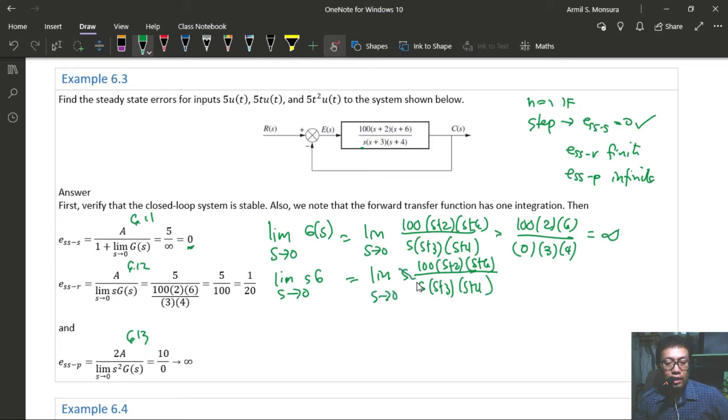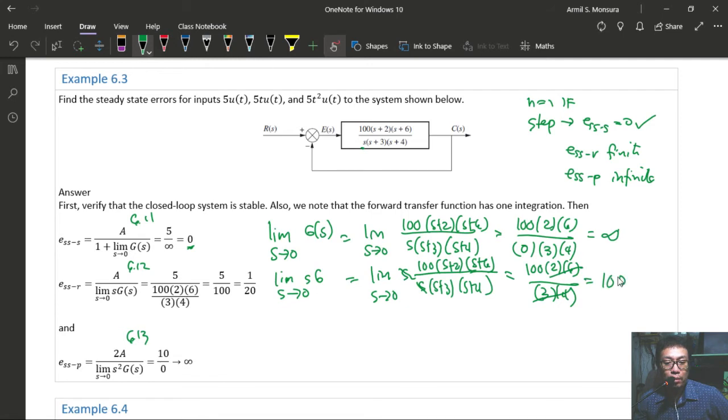Ngayon ito at saka ito magka-cancel yan. So pag in-apply ko yung limit, that becomes 100 times 2 times 6 divided by 3 times 4. So clearly, finite number to kasi wala kayong 0 dito or wala kayong 0 sa numerator.